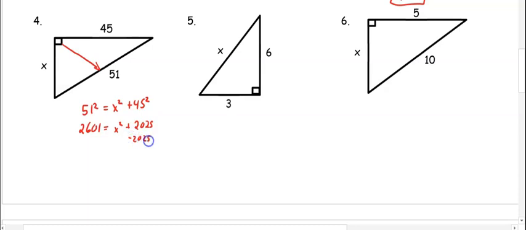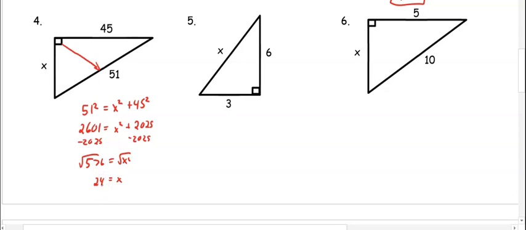So we can subtract 2,025 from both sides. So we get x squared equals 576. When we take the square root of both sides, we get x equals 24.